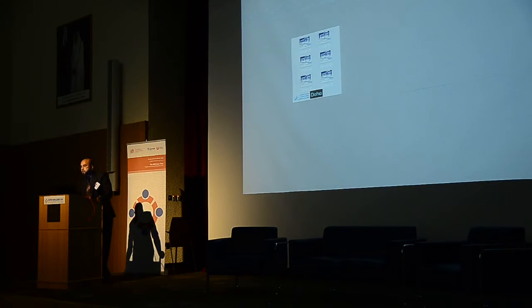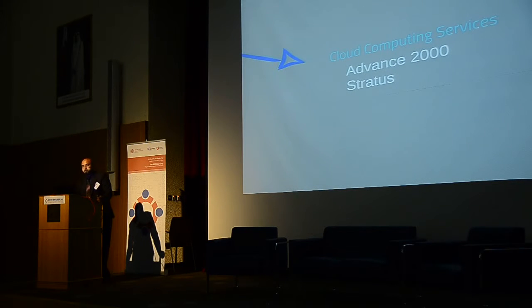AEB, local office in Doha. Now what we have here, we have only users 1, 2, 3 and 4 with their ordinary machines. Now they connect with a cloud computing service such as Advanced 2000 or Stratus. Advanced is in North America and in Canada, and Stratus is in Australia and New Zealand.